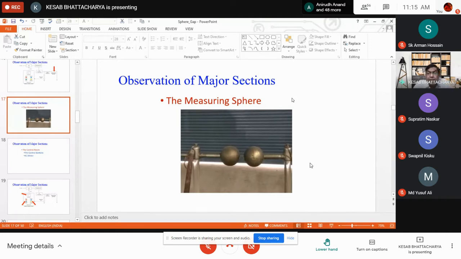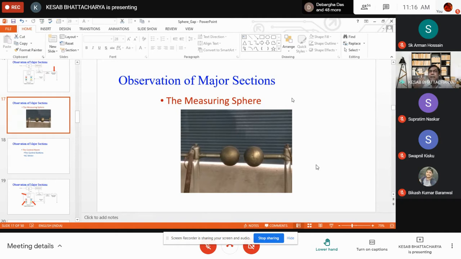Now, if that be the case, then for a fixed value of gap distance, for example, the sphere that is being shown over here, if the distance between the two spheres remains fixed, then we are talking about AC voltage application.